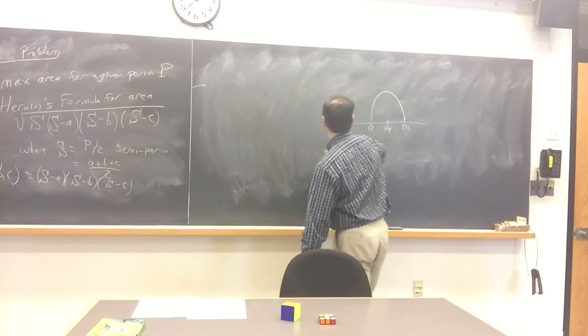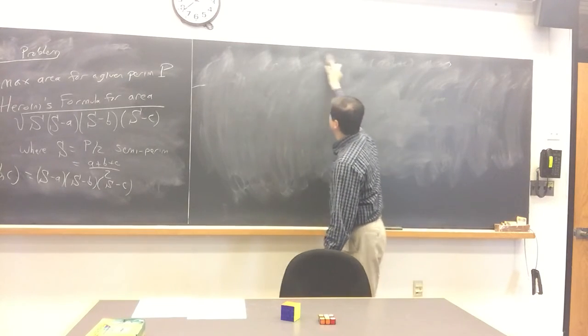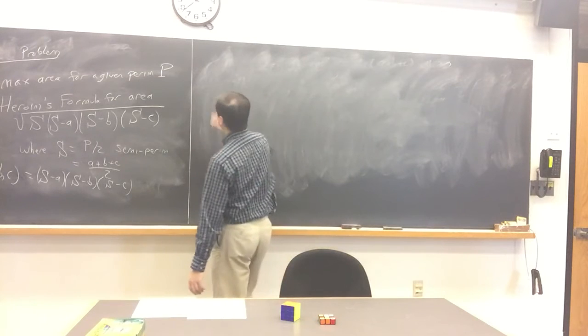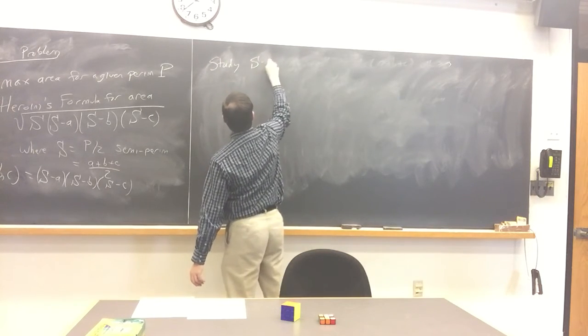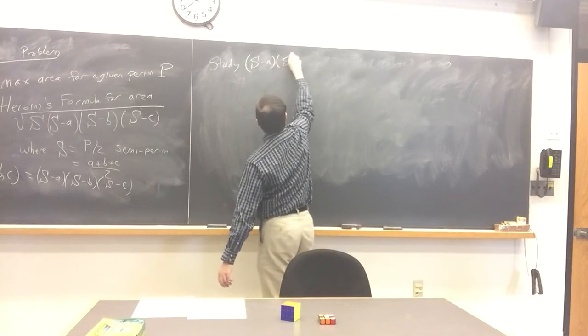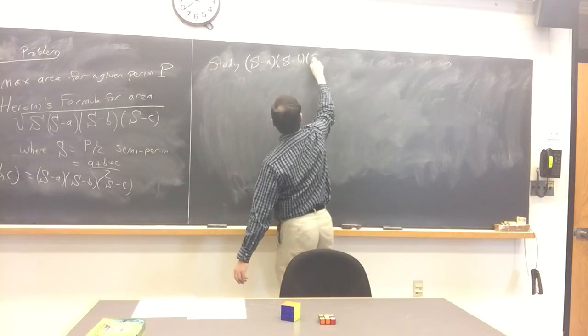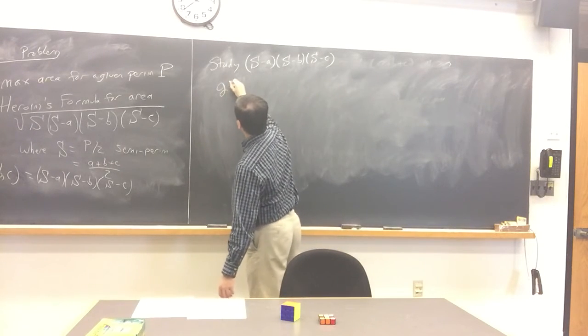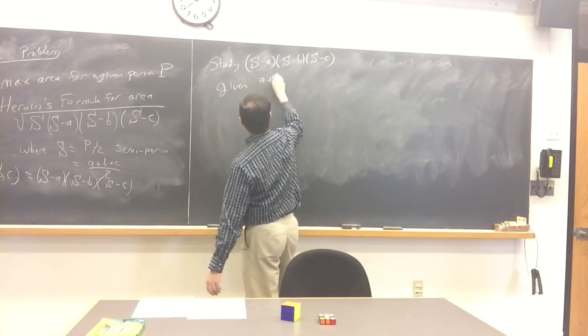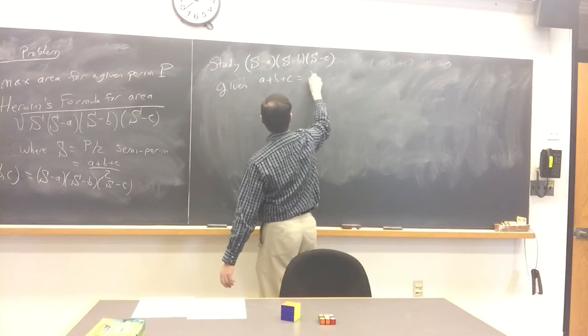So let's see how we would go about this. We want to study (s minus a)(s minus b)(s minus c), given a plus b plus c equals twice s.